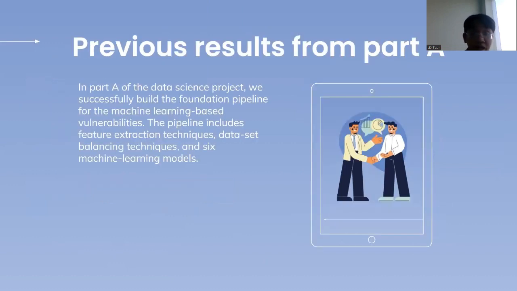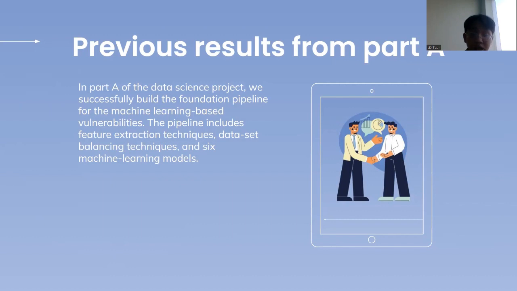In part A of this project, we successfully built the foundation pipeline for machine learning-based vulnerability analysis. The pipeline, as we discussed before, includes feature extraction techniques to create vectors such as bag of words, Doc2Vec, and TF-IDF, and compares between them.